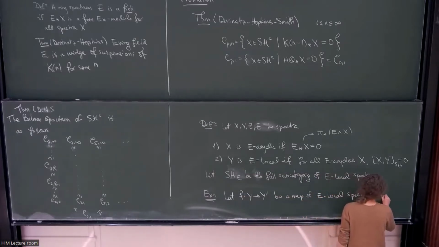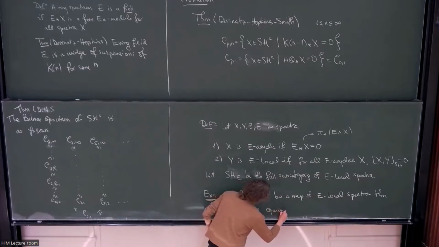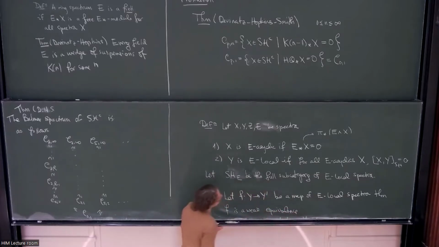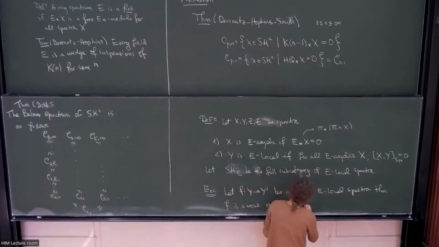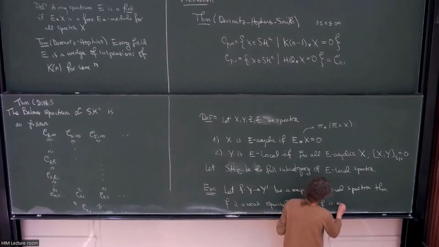Then f is a weak equivalence. Just as a reminder, being a weak equivalence means that you're an isomorphism on pi star, if and only if E star of f is an iso.